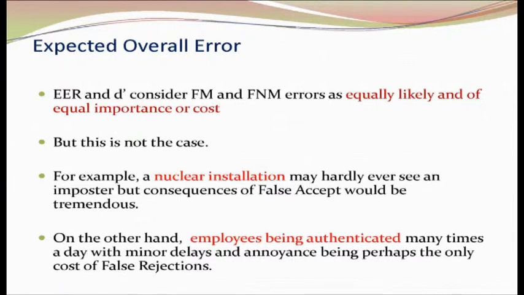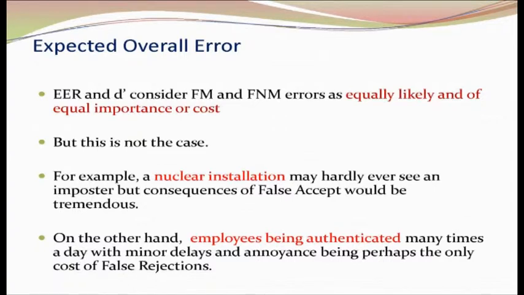Or if I stop a genuine person from entering my lab several times, then next time he will not come. He will say that every time he is throwing me out, why shall I go there? Inconvenience will be there. So if you give equal weightage or equal cost to these events, that is also a big problem for us. So you should not give equal weightage to false acceptance and false rejection, right.